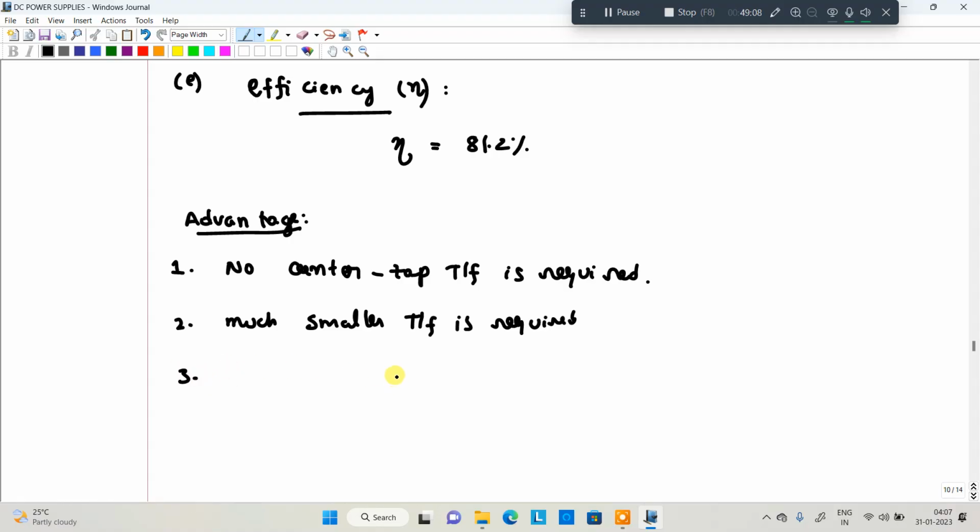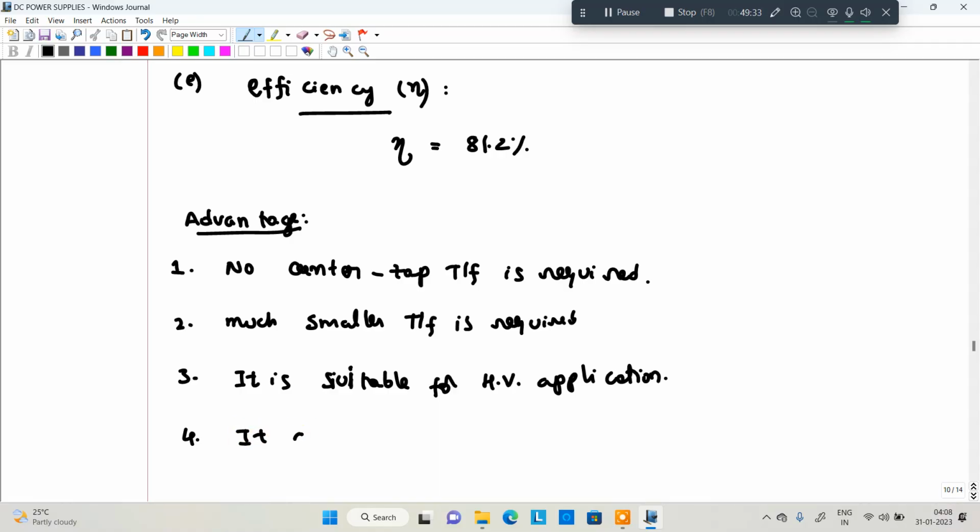It is suitable for high voltage applications. Next, the fourth one: it has a lower PIV rating per diode.